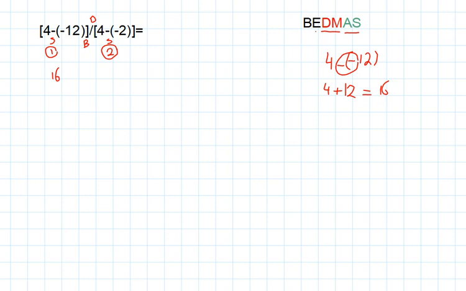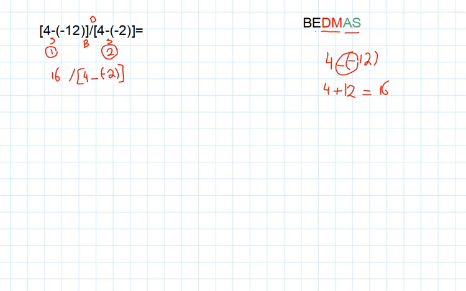Now that is divided by 4 minus negative 2, and you do need to show this work. The only change is you replaced the 4 minus negative 12 with a positive 16.